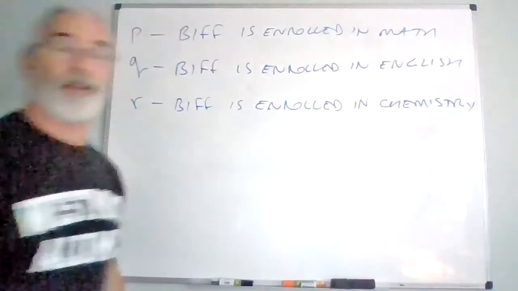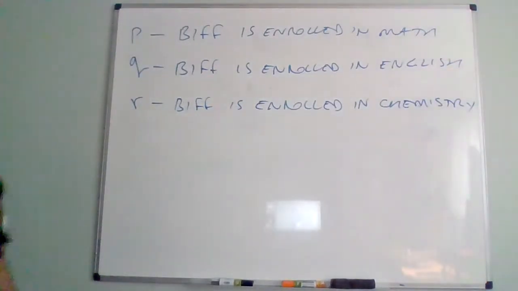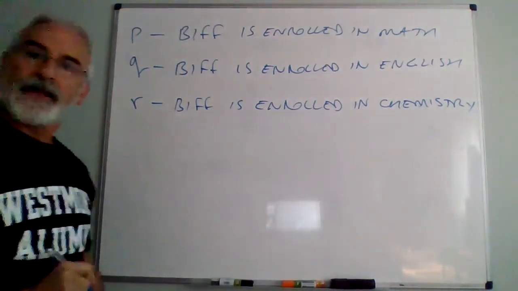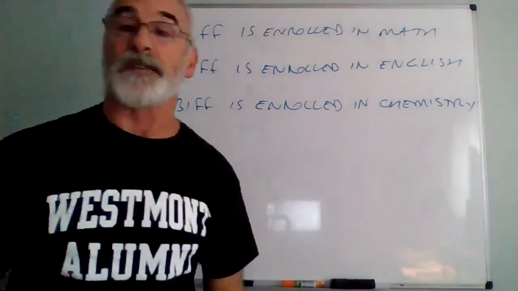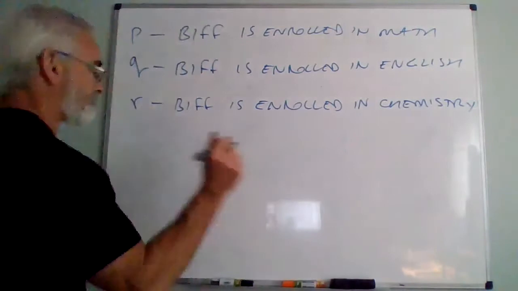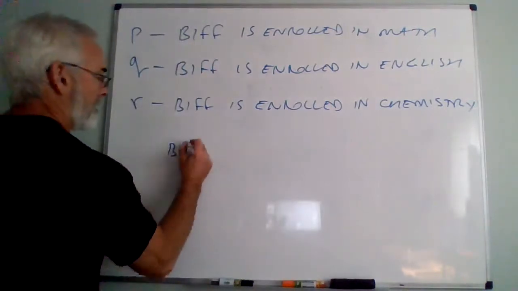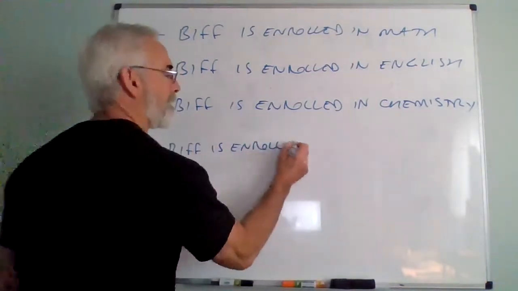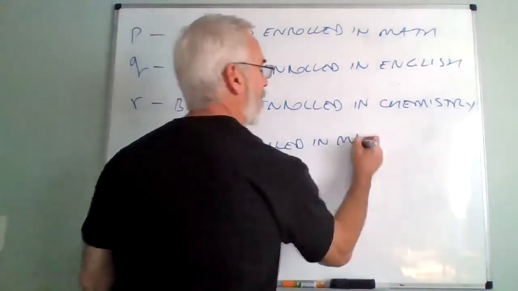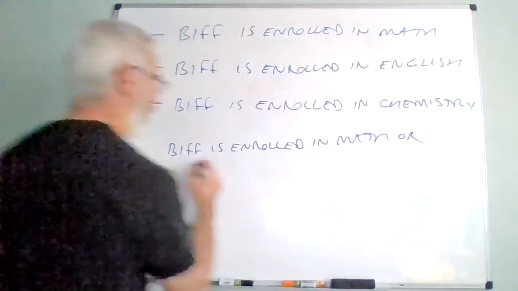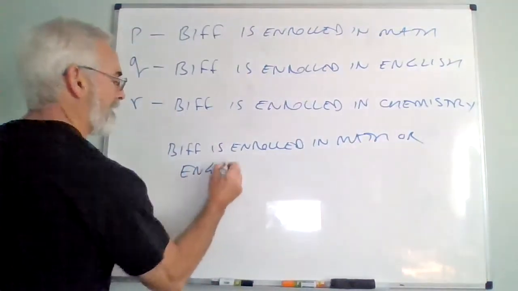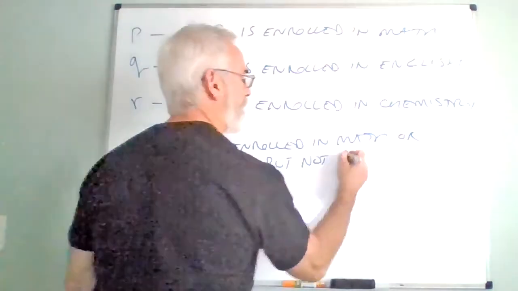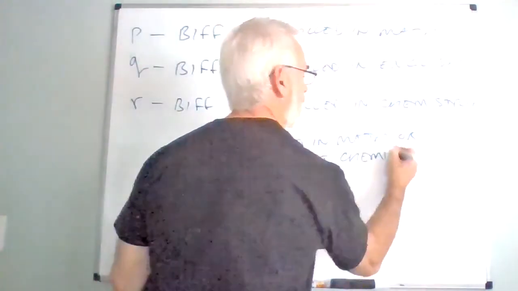They are either true or they are false, each one. Biff is in math or he's not in math. Real simple. So I would like you to represent symbolically Biff is enrolled in math or English, but not chemistry.